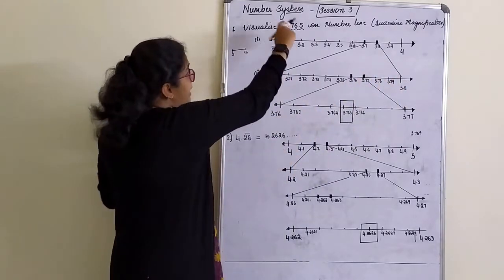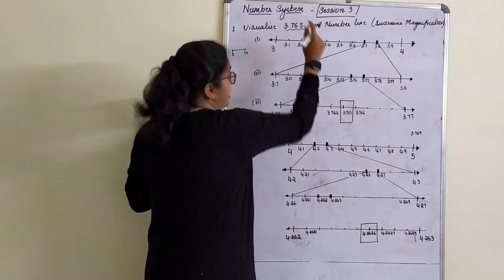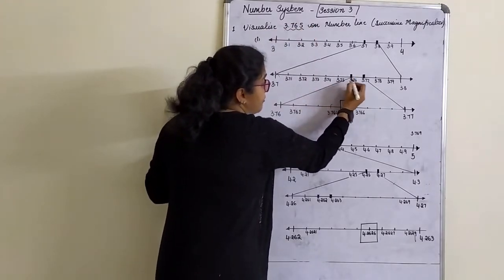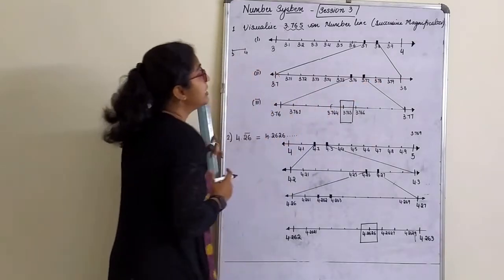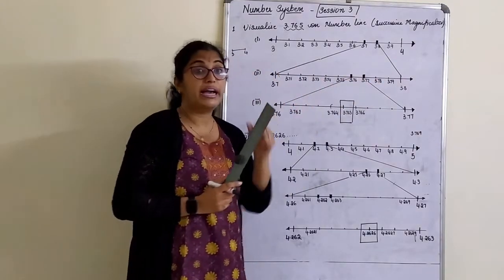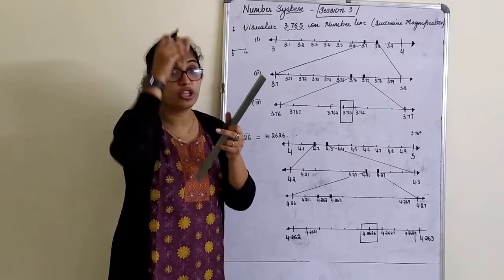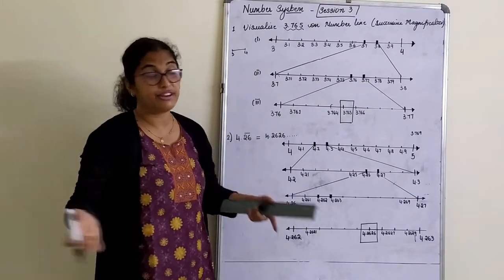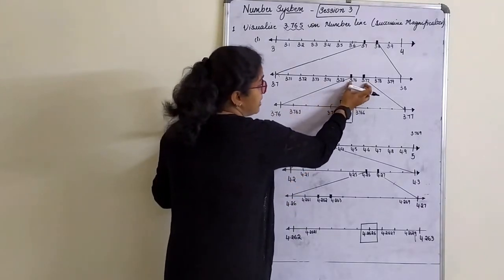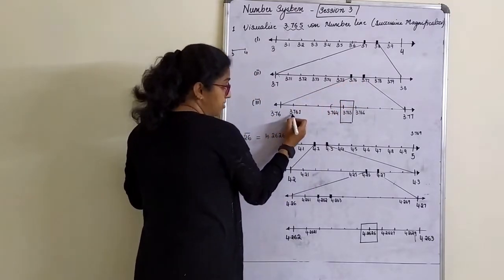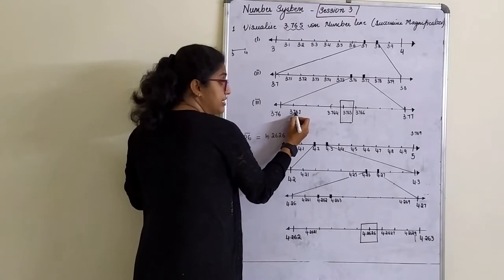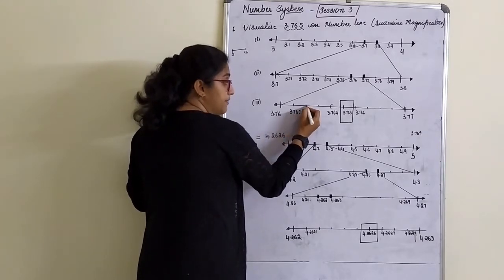Again go back to this 3.765. We have 3.75, 3.76, 3.77. Again now I have to see in that bifurcation where it lies. Magnify that. When 3.76 and 3.77 are magnified, the next numbers will be 3.761, 3.762.